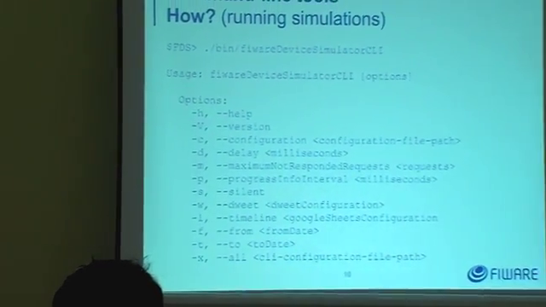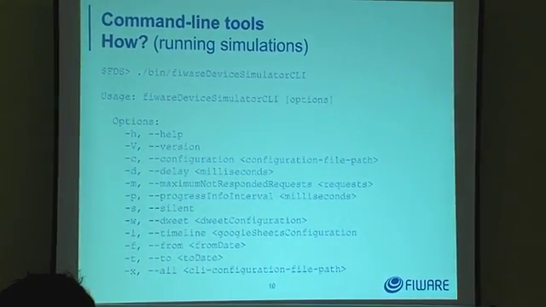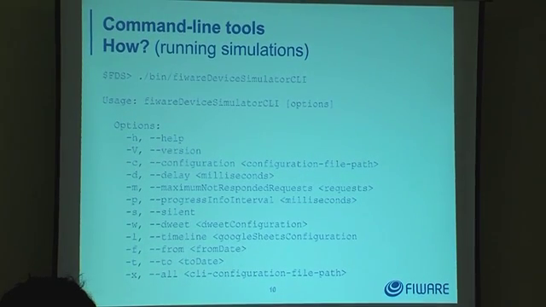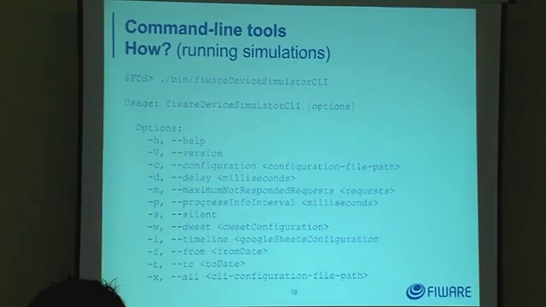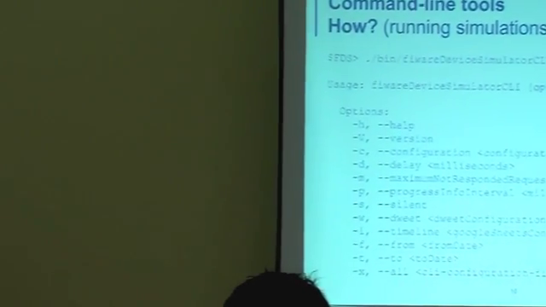The most important one is the maximum not responded requests. So you can specify the number of requests that will be sent to your target without getting a response. With this configuration parameter, you can basically control the load, but also the RAM memory consumption and any other consumption, CPU consumption. That's the configuration parameter we tune to play with this. Also the delay, but the most important one is the M one.